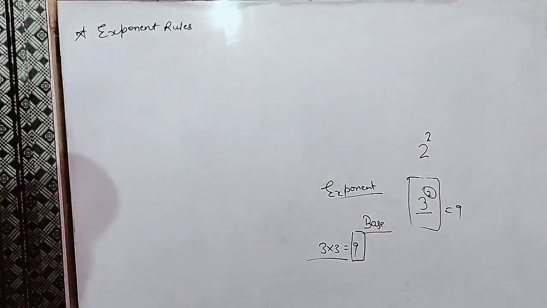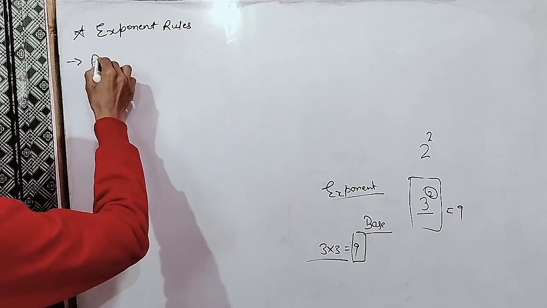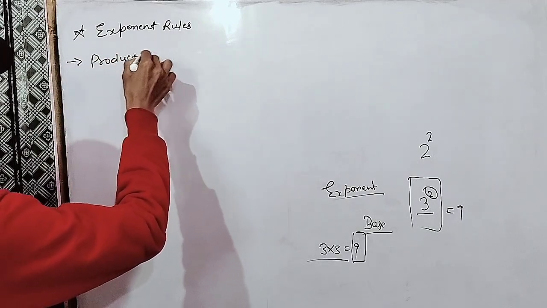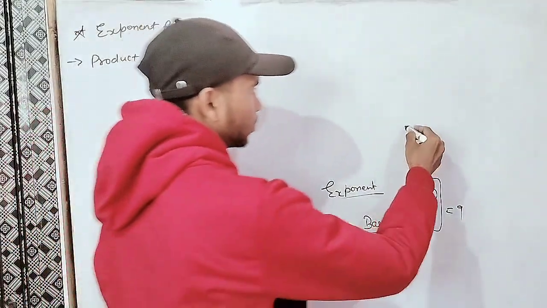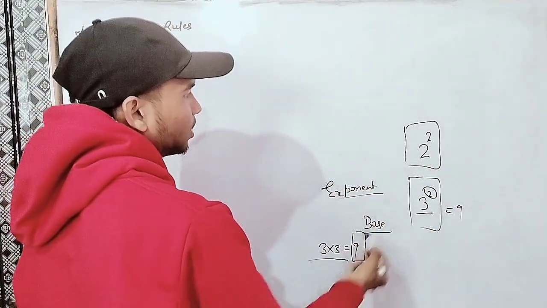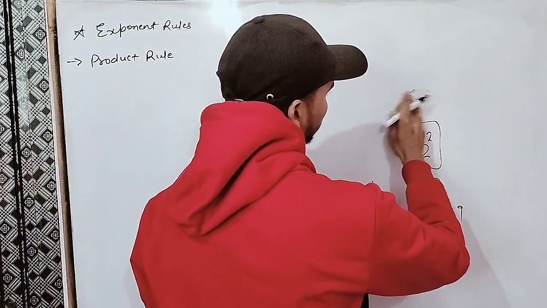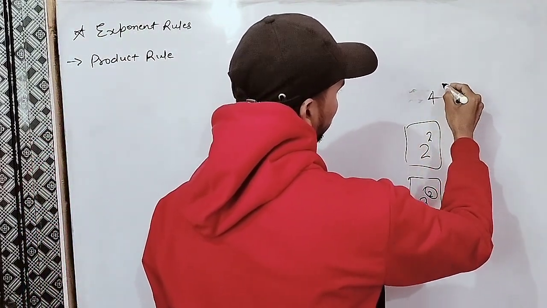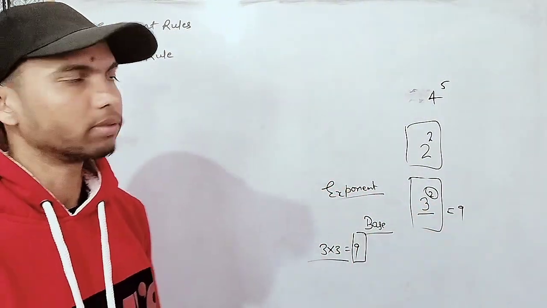So first, I would like to take a step into the discussion of the product rule. But one thing more. Let's suppose I am taking next 4 raised to the power 5.